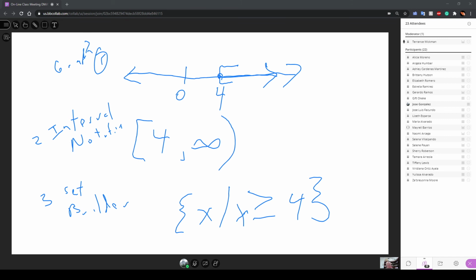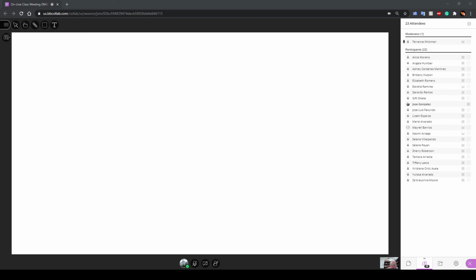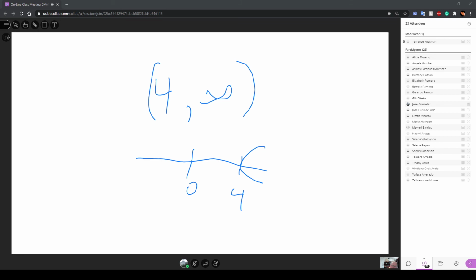Now, the book shows you sometimes this, which means it includes the 4. If it shows it like this, notice that it's not a bracket, it's a parenthesis. So graphically, it would look like this. And then go to infinity.